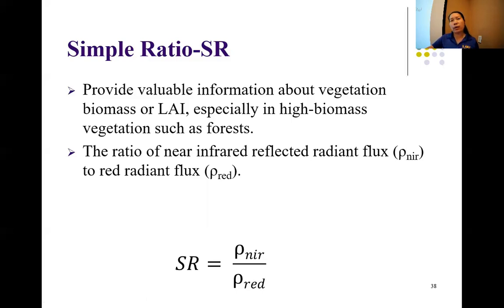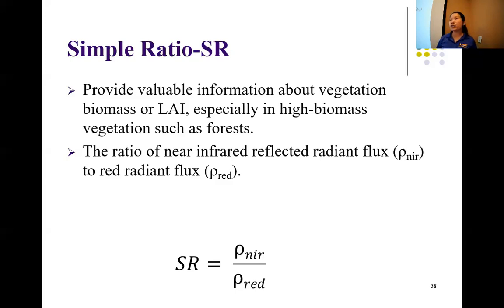For example, a lot of the time we use Landsat for this kind of work. When we download Landsat data sets, usually each band is calibrated and stretched into values between 0 and 255, so it's an integer type.